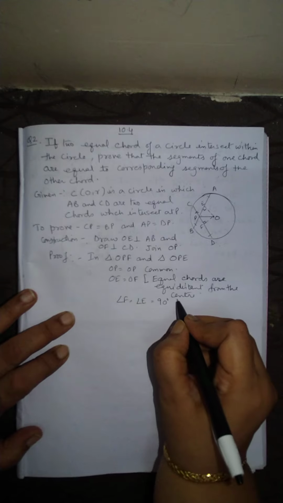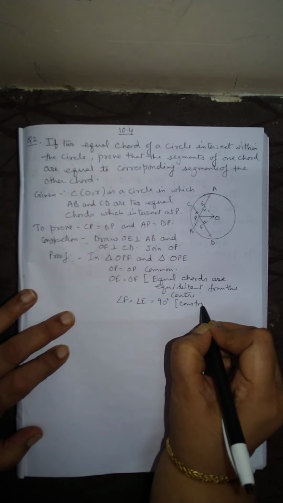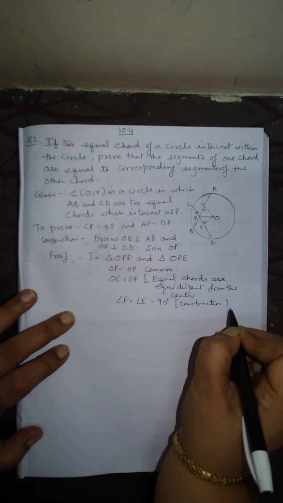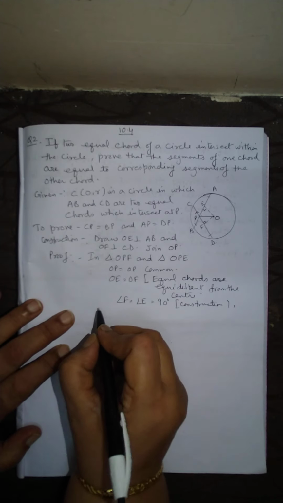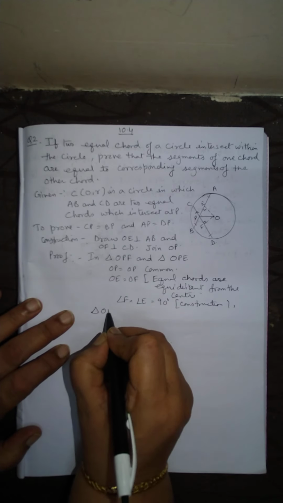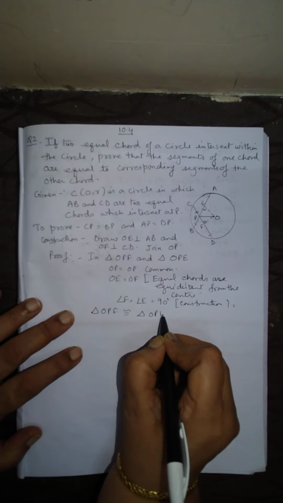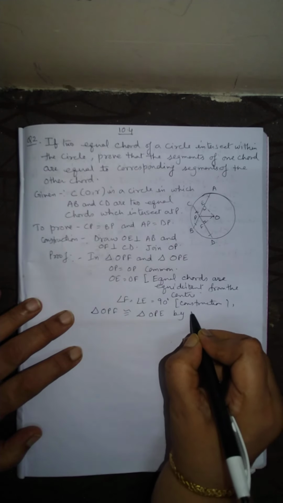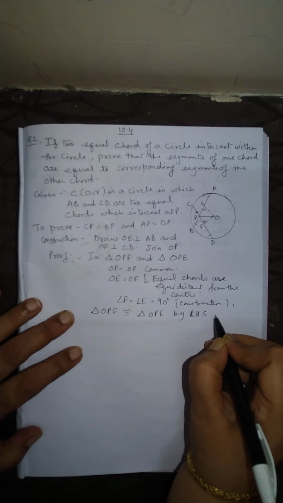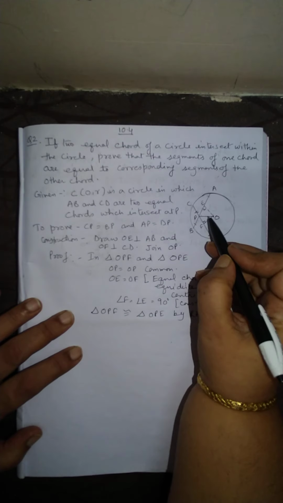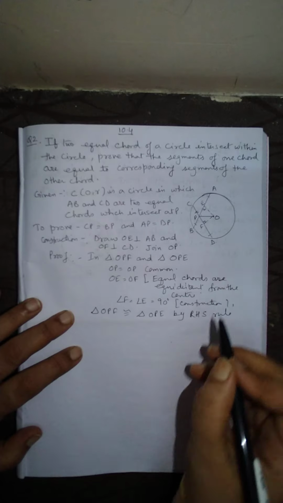That is by construction. So the triangle OPF is congruent to the triangle OPE by right angle hypotenuse side rule.